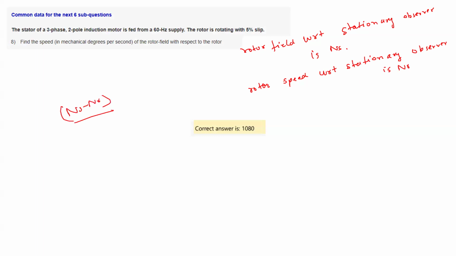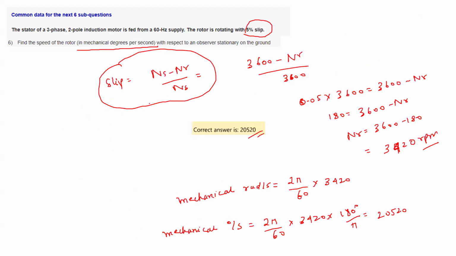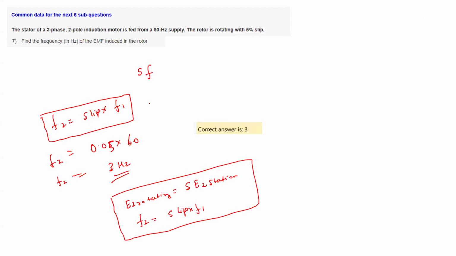If they had asked for the speed of the rotor field with respect to the stator, it would have been Ns. But because they're asking for the relative speed, and the rotor is also rotating at Nr, the relative speed between the rotor field or stator field and the rotor would be Ns minus Nr. You can find this in rpm. So 3600 minus Nr, which we have found out here, Nr is 3420.